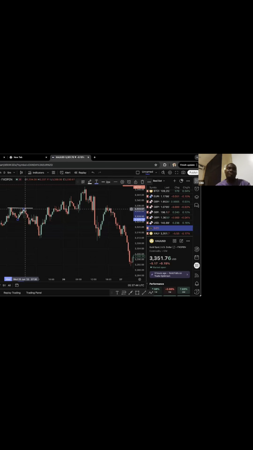I will not enter at the forming of this first candlestick. Then you will notice that the next candlestick that formed was also a red candlestick. If I am to enter this trade for a sell, I will enter the sell at the fourth candle, at the closing of the third candlestick.